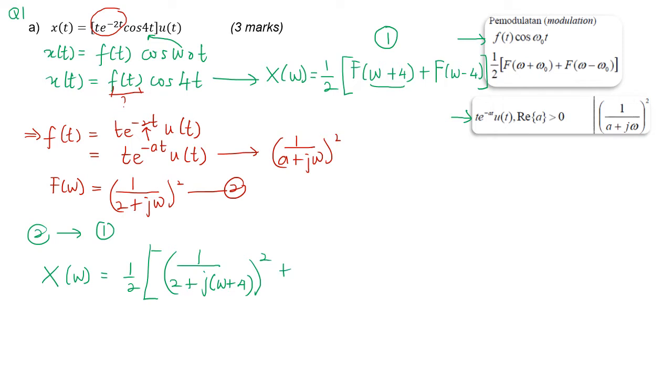Plus, the other F(omega) is 1 over (2 plus j(omega minus 4)), where omega must be minus 4. Don't forget to square them. Then you can simplify the equation. You don't need to solve them, but just simplify the equation.